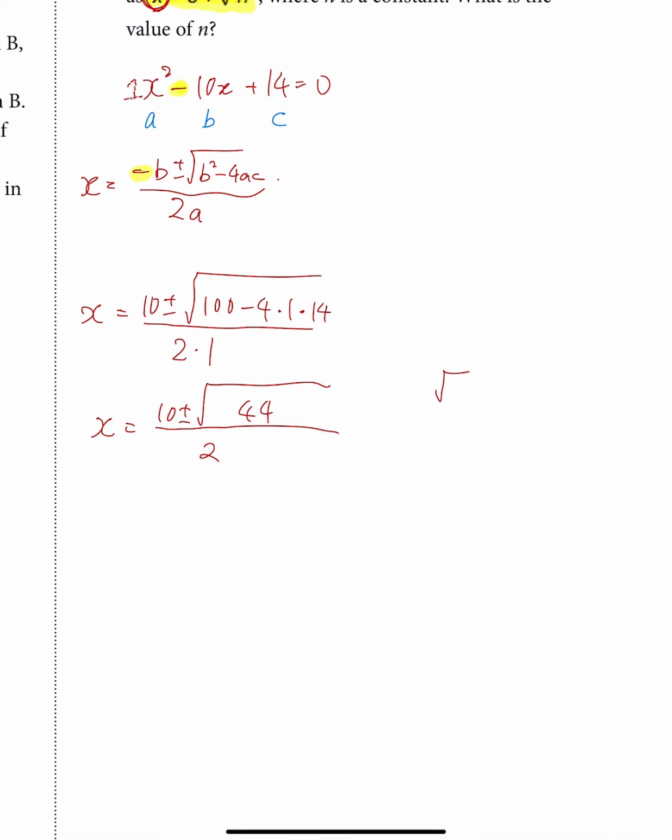Since root 44 is a big number, we can break it into smaller pieces of root. In order to do that, we put 44 here and divide by the smallest number, which is 2. 44 divided by 2 is 22.